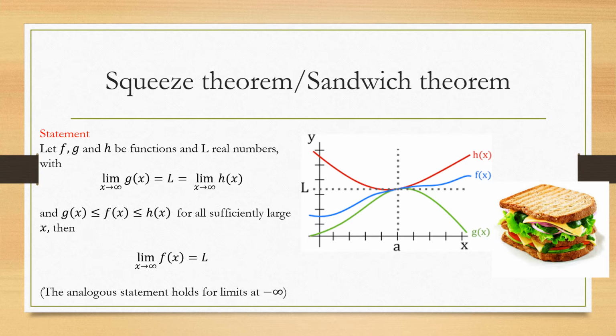In between g of x and h of x, we have another function, f of x. For all sufficiently large x, I can conclude that the limit as x extends to infinity of f of x is equal to L, which means f of x has the same limit L as g of x and h of x.